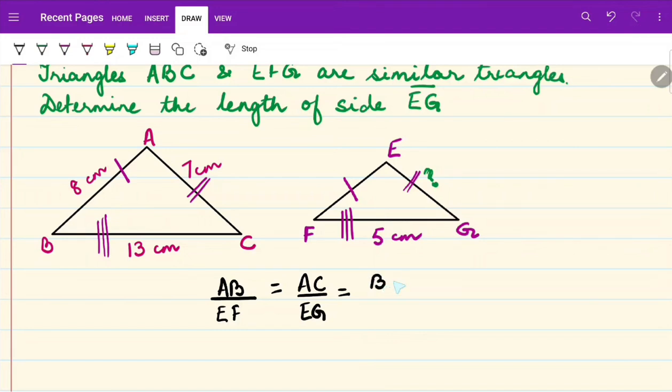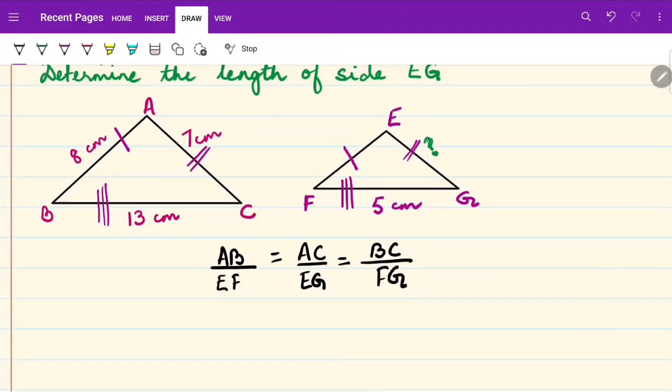So we have to set up an equation where EG, the unknown side, has to figure in the equation. Otherwise, we cannot solve it, correct?